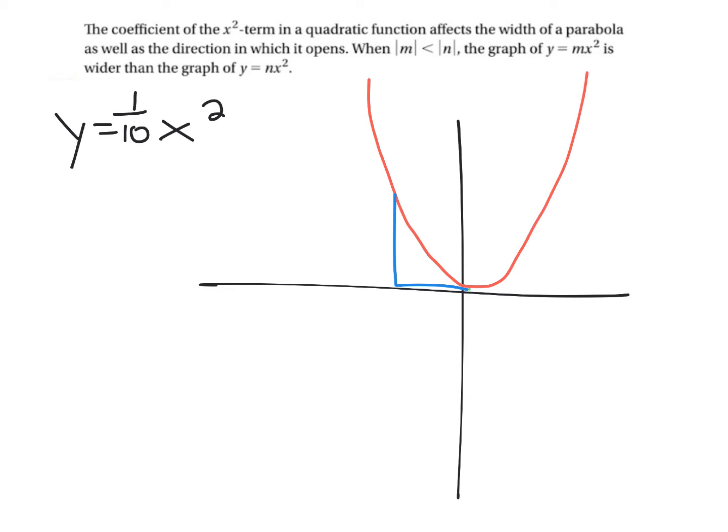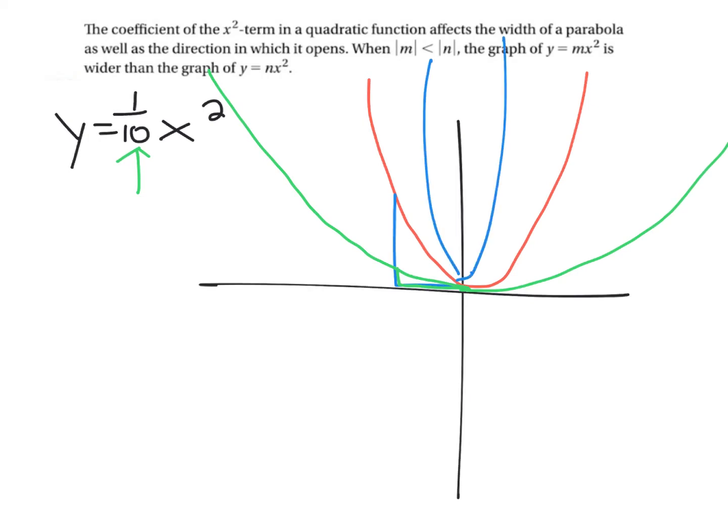Now, if I go over, I'm only going to go up 1/10 as much. And this curve is going to widen out a lot. In fact, the closer it is to 0, the flatter and wider it's going to be, versus if that number is greater than 1, remember, it's going to make it narrower and taller, stretching it vertically.